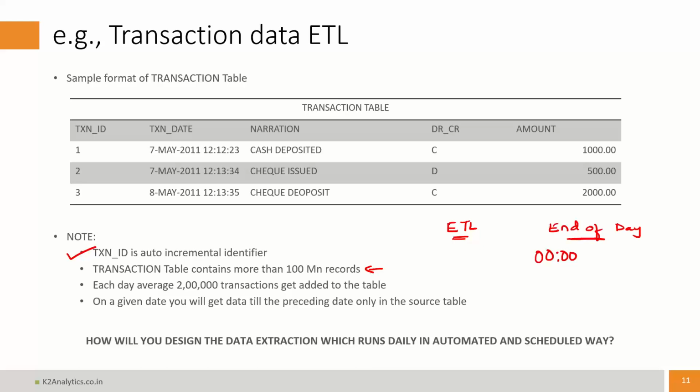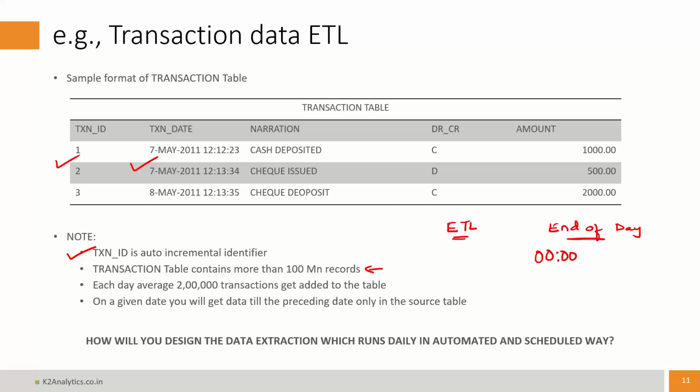So in a bank, in any of these industries, at end of day a full backup would happen, and you will get access to a backup server, and from the backup server you will be doing ETL. So you need to find out the columns which will be useful for you for ETL, right?